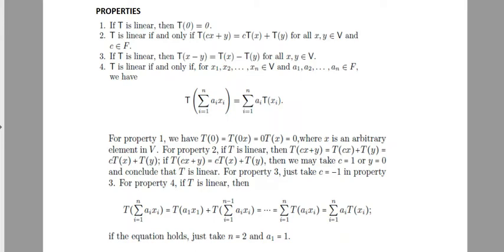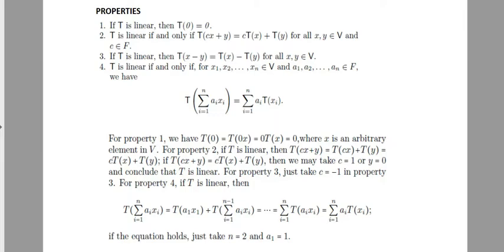So suppose T is a linear transformation, then T of cx plus y is equal to T of cx plus T of y by using the first property, which is equal to c times Tx plus Ty by using the second property. So we get this result, T of cx plus y is equal to c times Tx plus Ty.